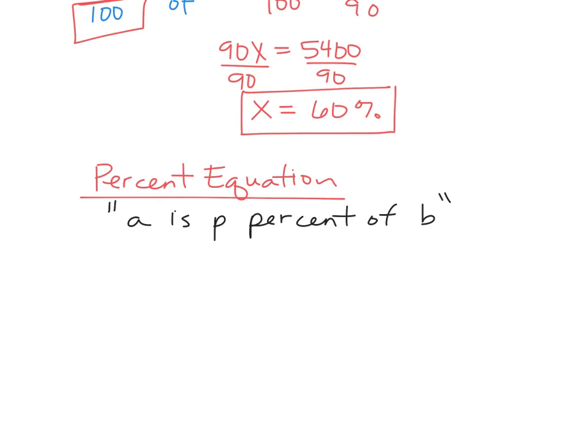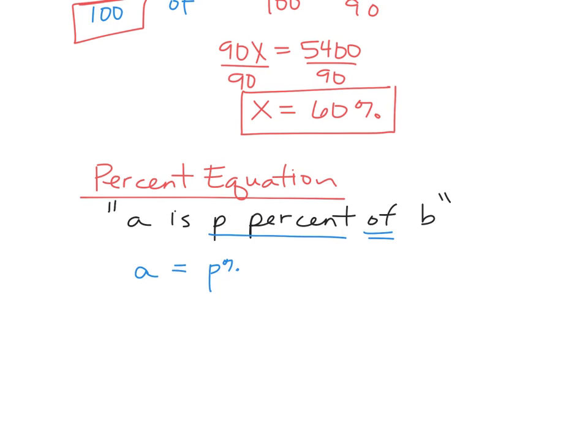So if I say A, that's going to be whatever A is. What is is in math? Equals. And then P percent is going to be whatever P is as a percent. So you're going to write it as a decimal. But for now, we're just going to say P percent. Okay. What is of in math?